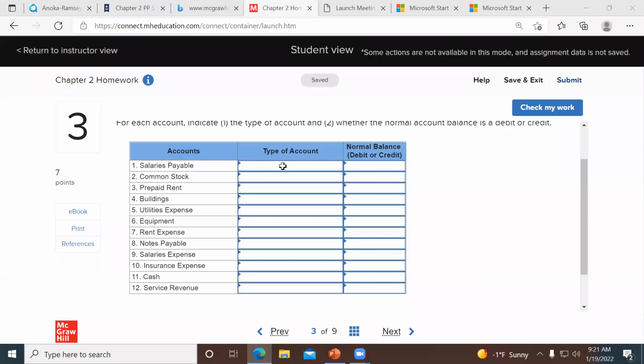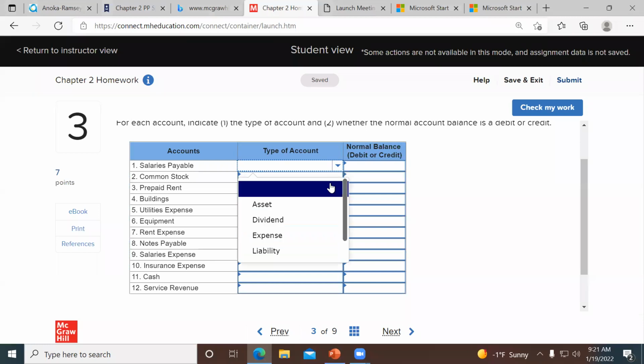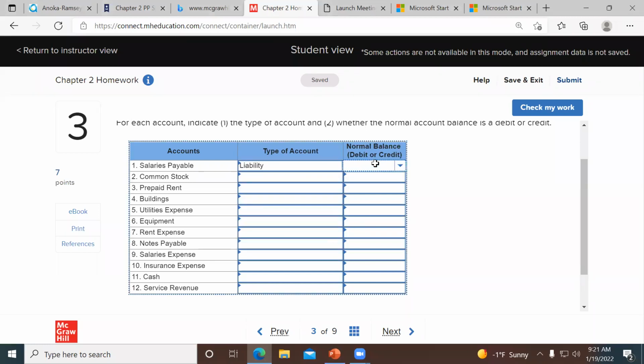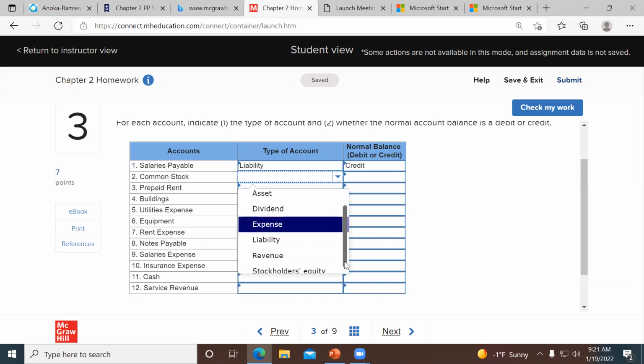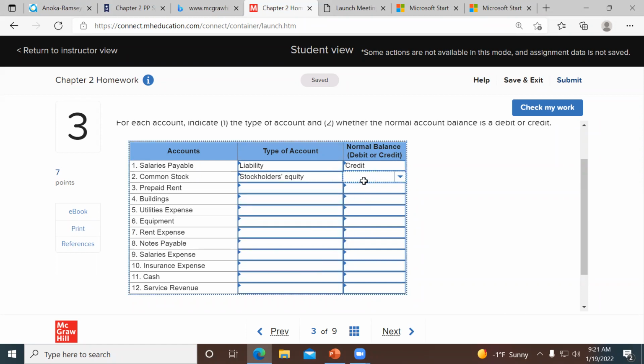Salaries payable, what kind of account? Liability, and liabilities have a normal credit balance. Common stock, stockholders' equity. And it has a normal credit. Prepaid rent. And it has a normal debit. Buildings, utilities expense.